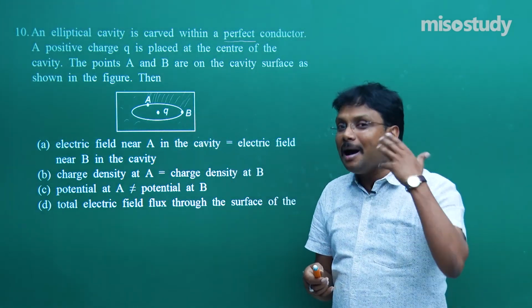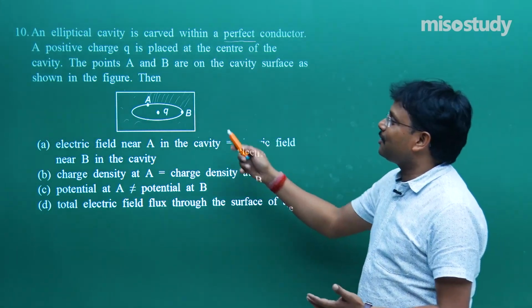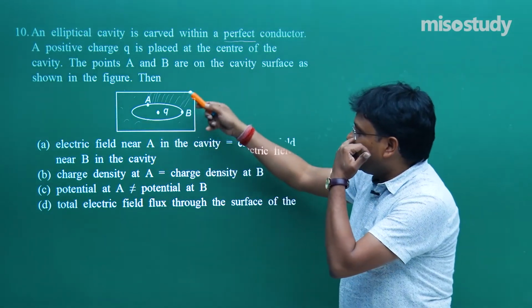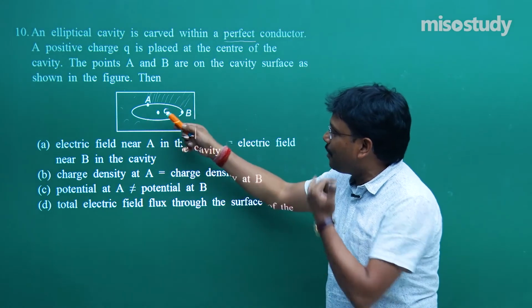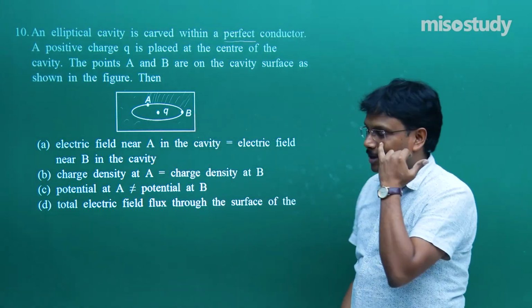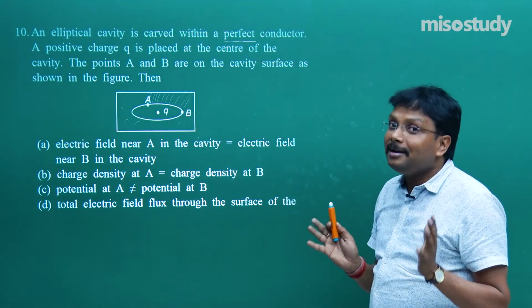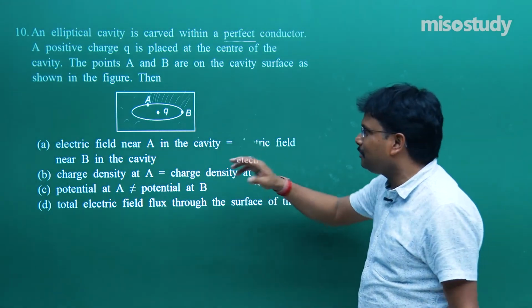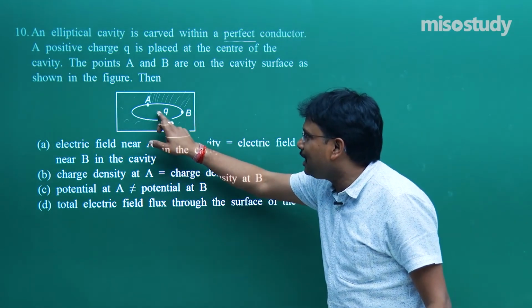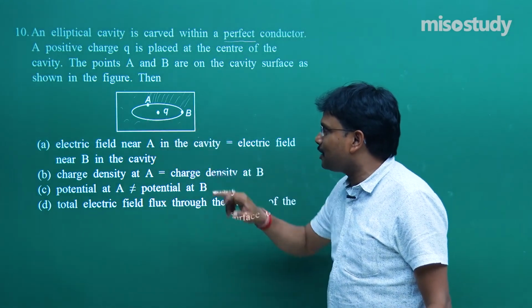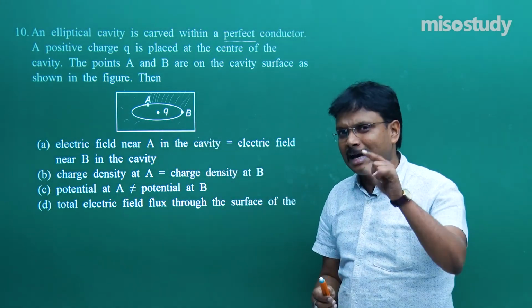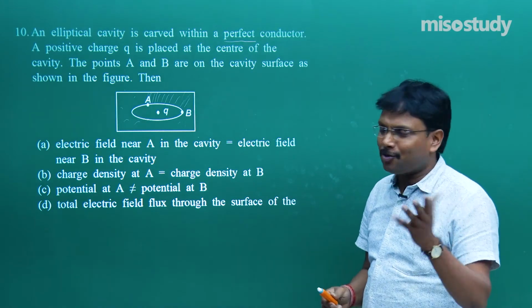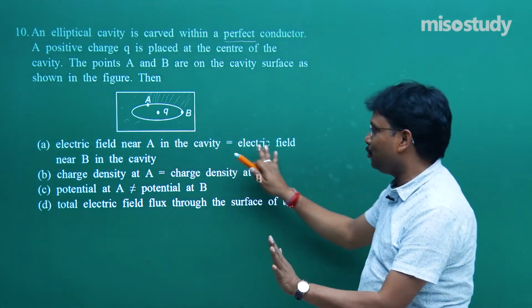Otherwise, if you are able to think it out, you can say it is going to be the same within this cavity but not outside of the cavity, fine. But this is an intelligent approach. If it is not possible for you to think in those higher terms, then simply say, okay, for this, this distance and this distance are not equal, the field is directly proportional to 1 upon r square. So, there is nothing like going to be equal, fine.